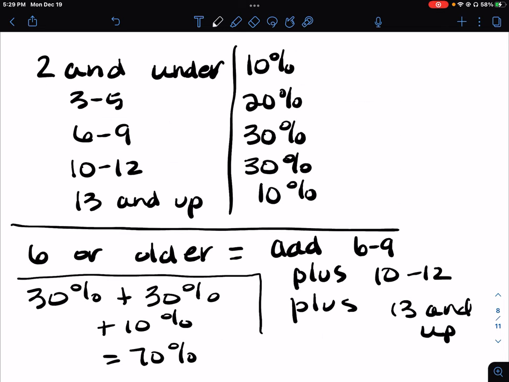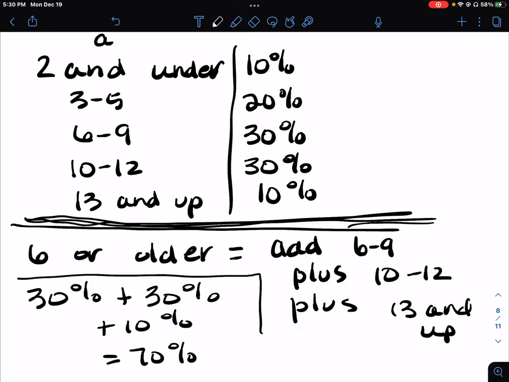Okay, if you have a table and it asks you for probabilities of different age groups, this top table right here is given to you. If it asks you what's the probability that somebody's 6 or older, that means you're going to add up the 6 through 9 percent plus the 10 through 12 plus the 13 and up.